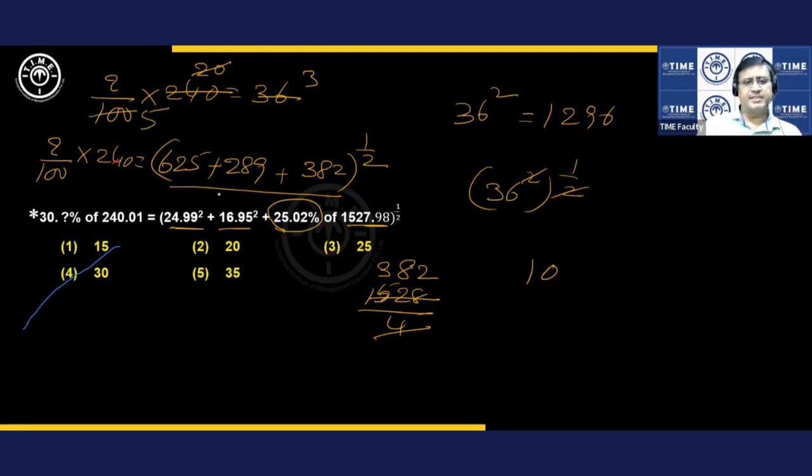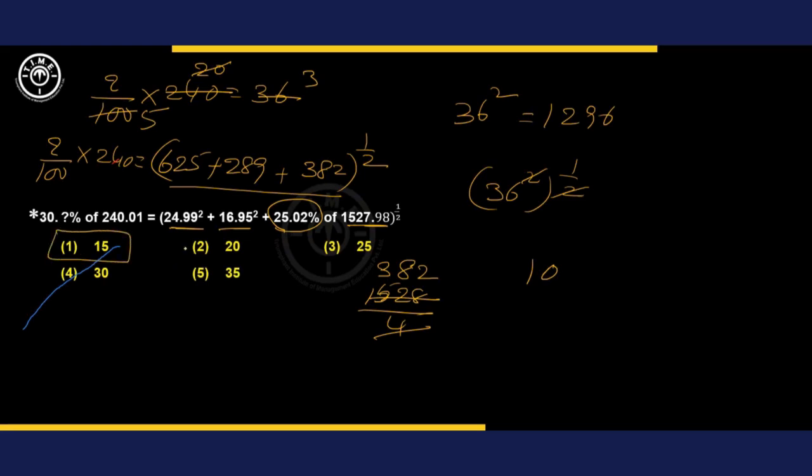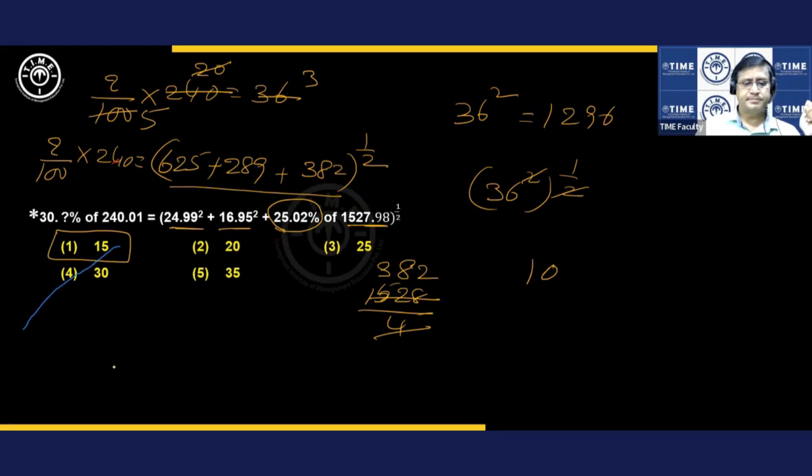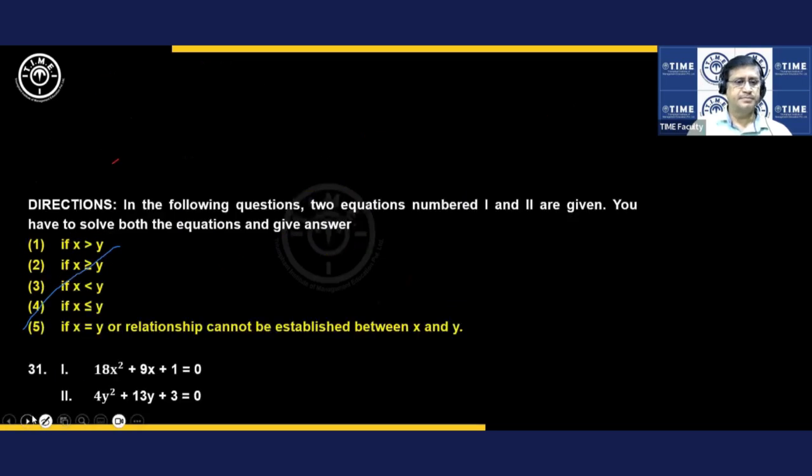Now what is the result? 5 into 3, first option. Option number 1, that is 15. The right choice is option number 1. First choice is the correct option. Now look at the next example.